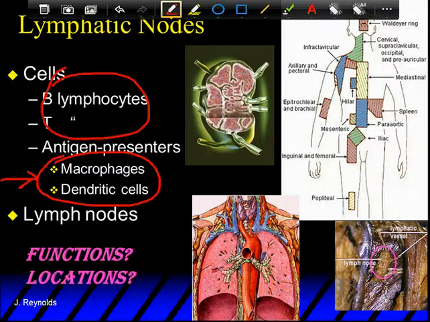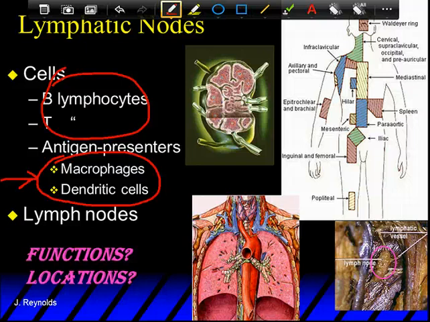These two phagocytic cells have two functions. One, they phagocytose, obviously, and they destroy the antigen. The antigen, by the way, is the foreign whatever that is posing a problem. It induces an immune response. Antigen can be bacteria, viral, worm, protozoan, or it could be an antigen from something else.